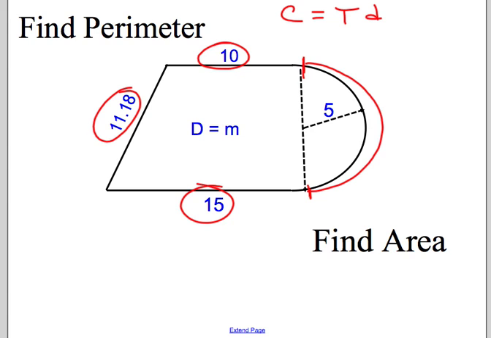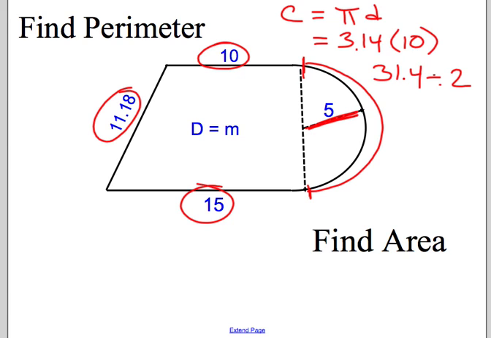So pi, 3.14, times the diameter. We get our diameter by looking at this. This length they're giving us is a radius of 5, so the diameter would be 10. We multiply 3.14 times 10 mentally is 31.4. That would be the circumference if it was a full circle. We just want half of that, so we're dividing that by 2.